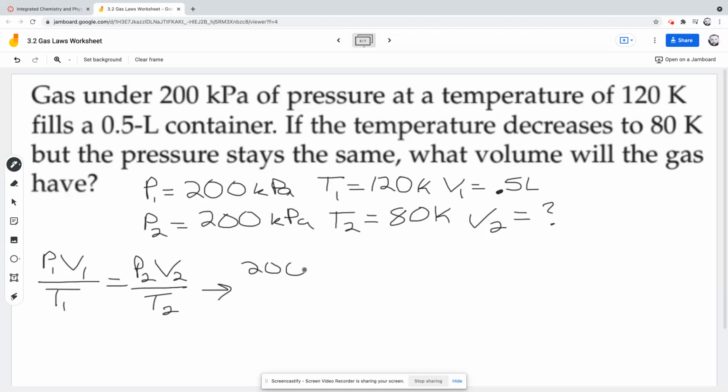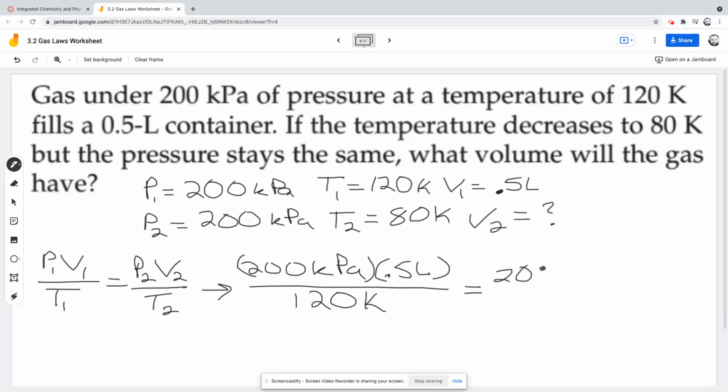I've got P1 times V sub 1, which is 0.5, all over T sub 1, which is 120 Kelvin. And that's equal to P2, which is 200 kilopascal. I don't know what the second volume is, so I just leave that as V sub 2 all over 80 Kelvin.